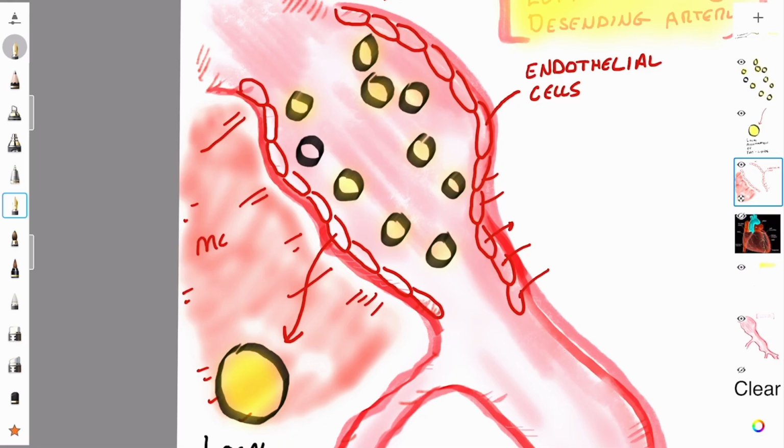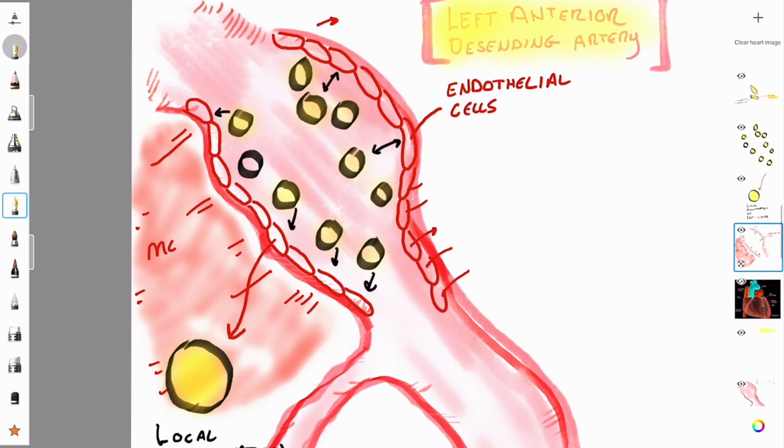That is the first domino. The second hit is going to be how these endothelial cells interact with the presence of all of these LDLs. So these cells are going to respond unfavorably to all of these LDLs. I hope that is making sense.